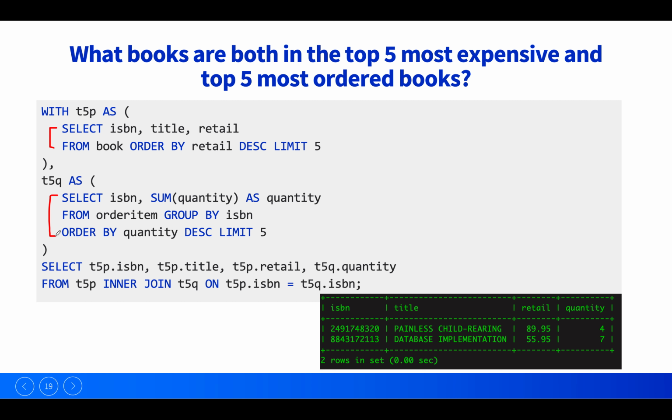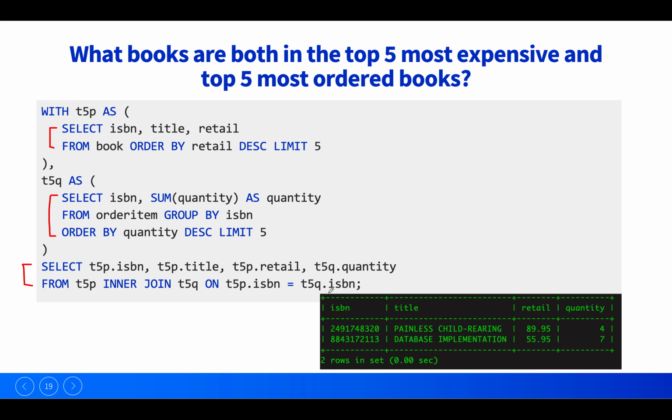After this, we can then create a statement where we select the columns that we need, and then we can inner join our top 5 most expensive books and our top 5 most ordered books, right? So here in our last statement, we just select the ISBN, the title, the retail, and the quantity of the books from T5P, the top 5 most expensive books, inner joined with the top 5 most ordered books on T5P.ISBN equals T5Q.ISBN.